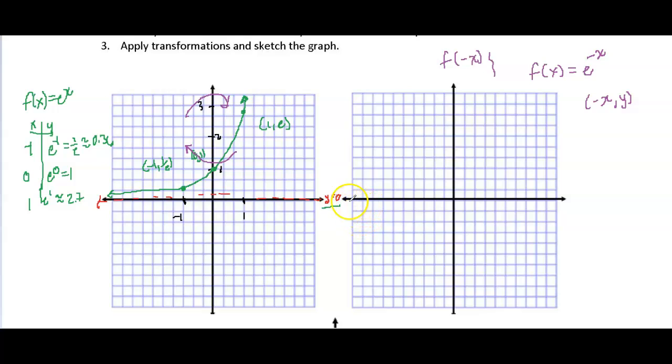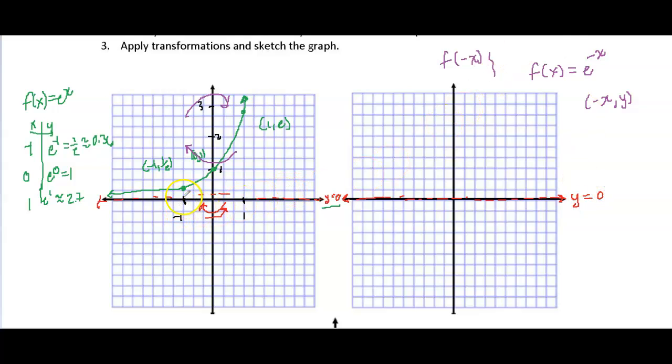So if we do that, that's not going to affect our horizontal asymptote. If it reflects over, it kind of just overlaps itself, and it doesn't really move anywhere. So we will still have our horizontal asymptote at y equals 0.